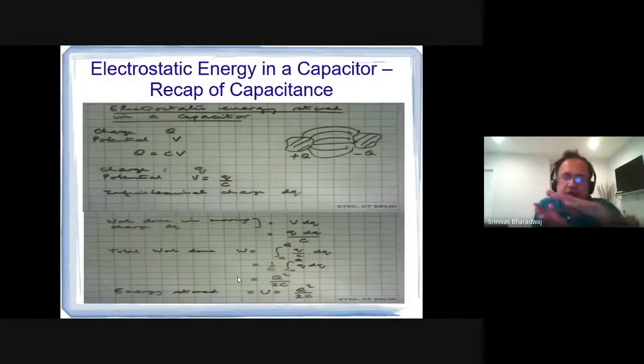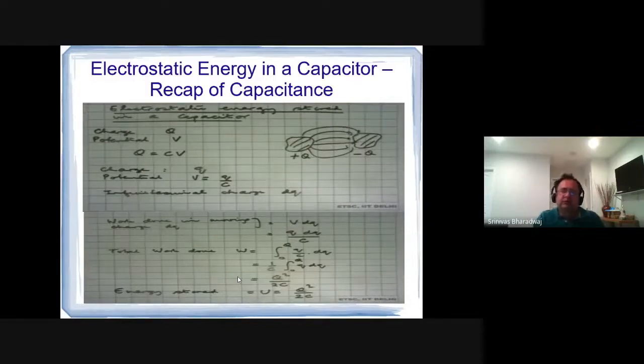Now, what is the value of the stored energy? Half CV squared, or Q square by 2C, right? So V dQ will give you the stored energy. Q times V is actually the energy, and therefore V dQ will give you the stored energy. So work done is the integral of V dQ.